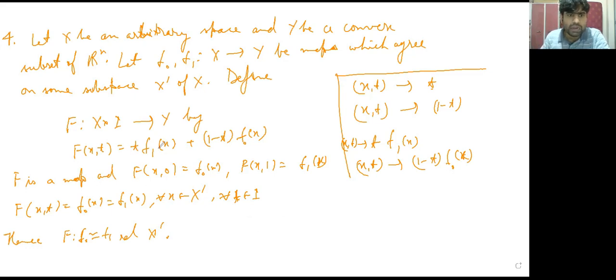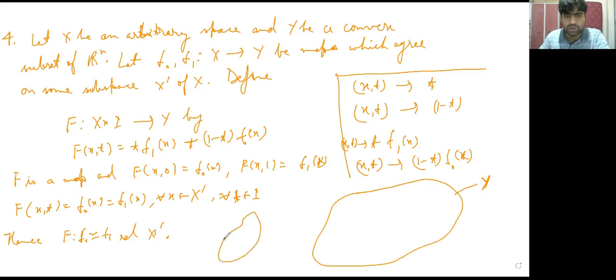So how we have defined this homotopy, you just see here that suppose we consider this to be y, which is convex, and suppose this is your x, x is anything. So x goes to this is f1, and this is f naught. This is your f naught x. This is f1 x.